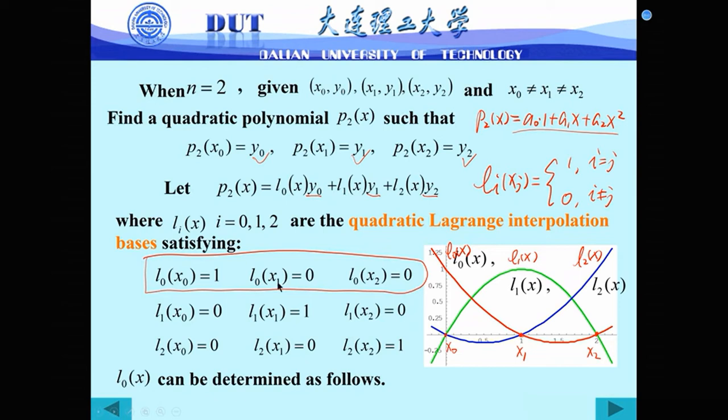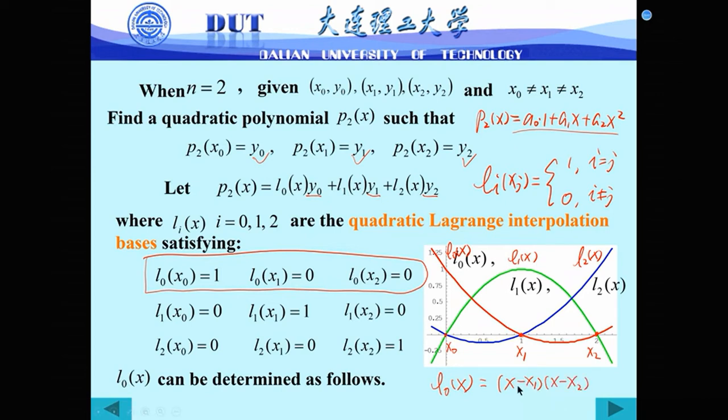Is it okay? So by these two conditions, that means L0(x), it is a polynomial, right? Because it has two roots, x1 and x2, it should include the factors (x minus x1) and (x minus x2).